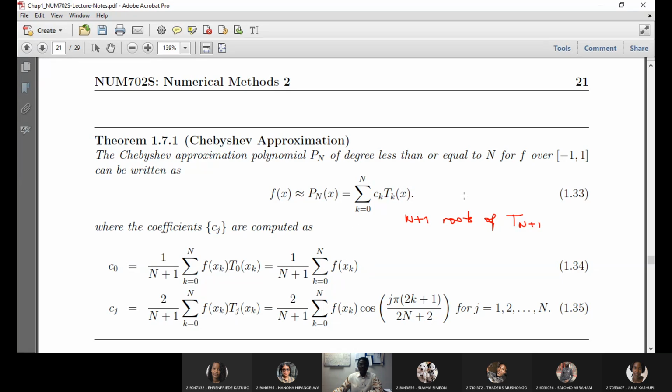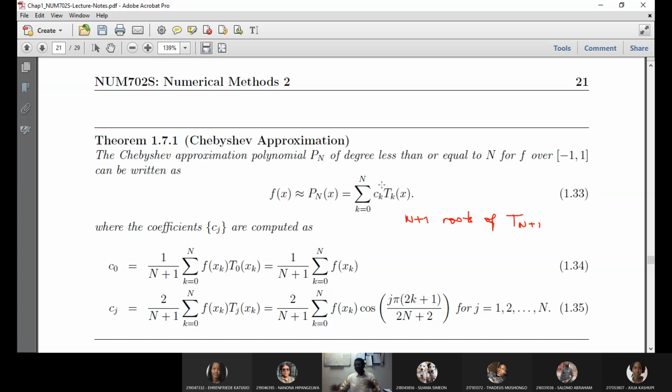And the data point will be f of this x, that is the value that f takes at those points. So that will be the set of data points. So we fit at that, and we know that it's a least square problem. What we need to do is to determine the coefficient Ck.